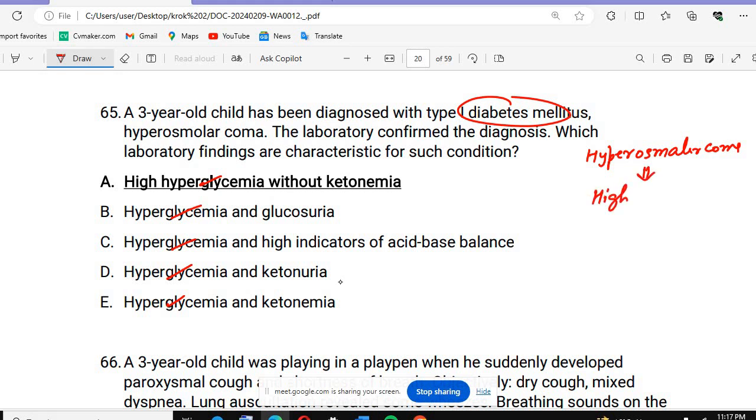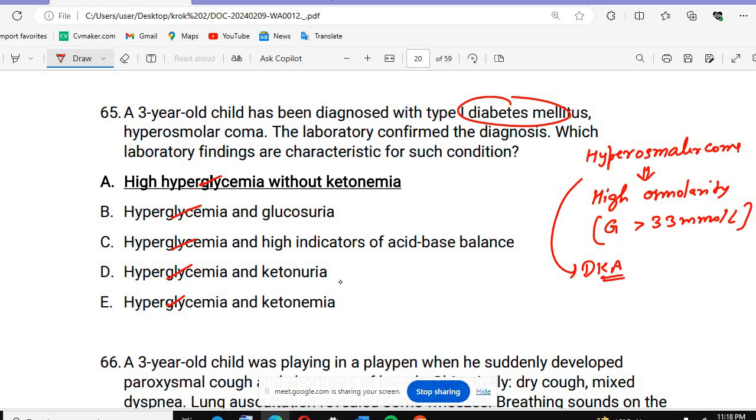High osmolarity means the patient will have glucose osmolarity of more than 33 millimole per liter. Normally what we see in patients with high osmolar conditions is diabetic ketoacidosis.